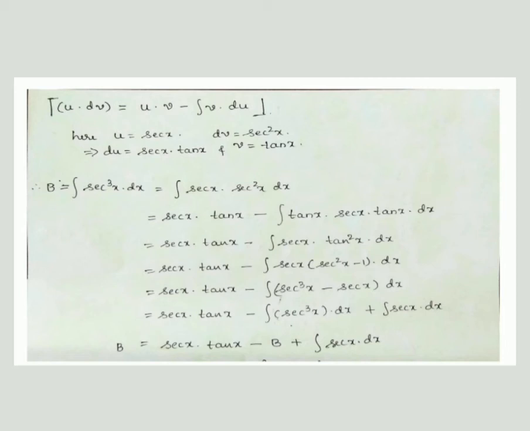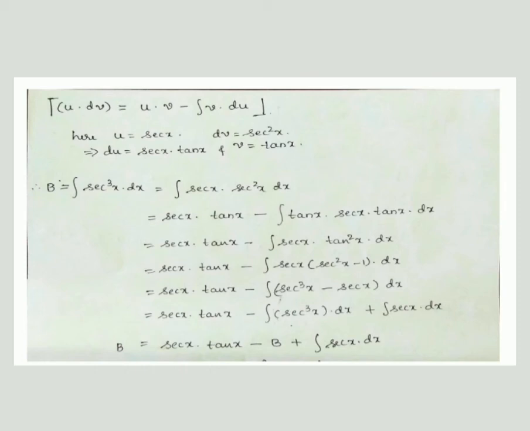Now apply the formula. b is equal to integration of secant cube x in dx. That can be written as integration of secant x into secant square x into dx. Now apply the formula. u is secant x, that into v is tan x, minus integration of tan x into du, which is secant x into tan x into dx. Further simplify: secant x into tan x minus, here observe that tan x into tan x gives us tan square x, so integration of secant x into tan square x into dx.